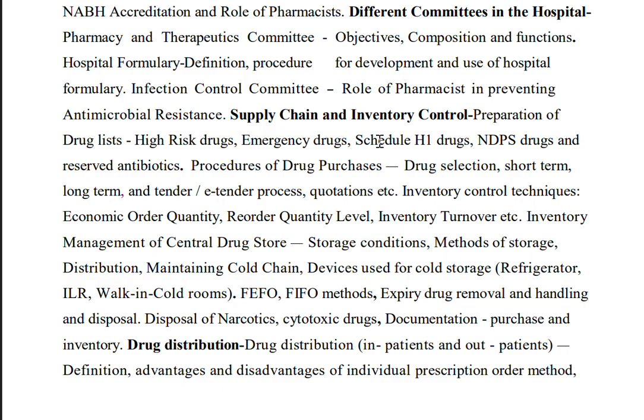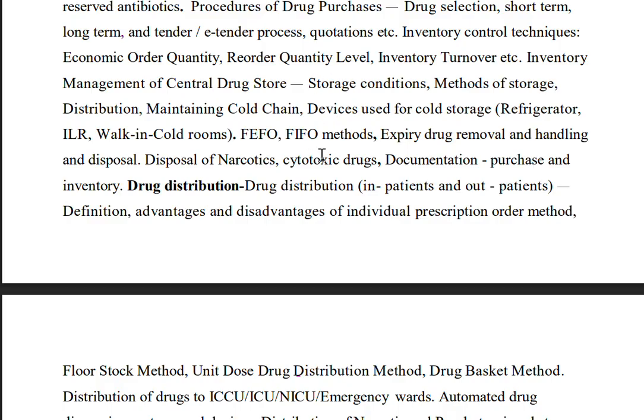Emergency drug schedule H1 drugs means prescription drugs. This you are going to read in pharmaceutical jurisprudence, the National Drug Pricing Control system, NDPS, and then EOQ, ROL, inventory turnover. This inventory turnover we have already seen in the previous syllabus. It may be useful and easier to read again.